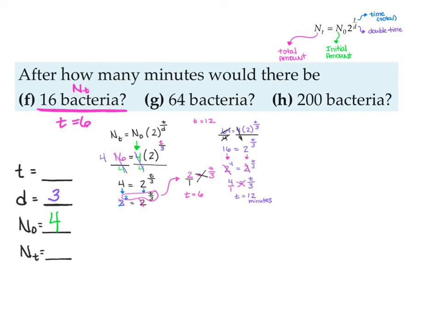So now we're going to do 200 equals 4 times 2 to the t over 3 power. Same thing applies. We're going to divide both sides by 4. And that's going to give me 200 divided by 4 is 50, which equals 2 to the t over 3 power.